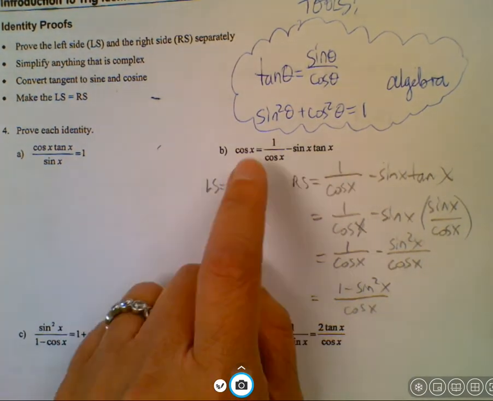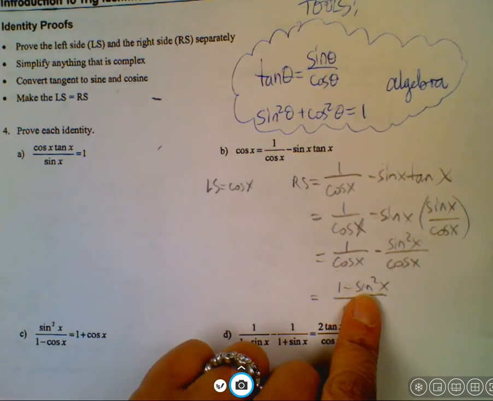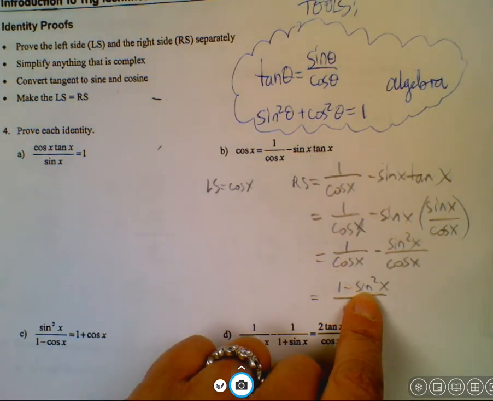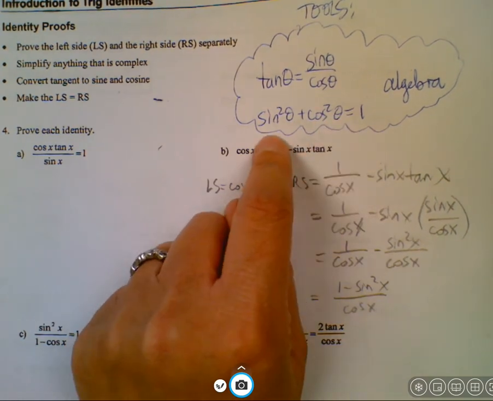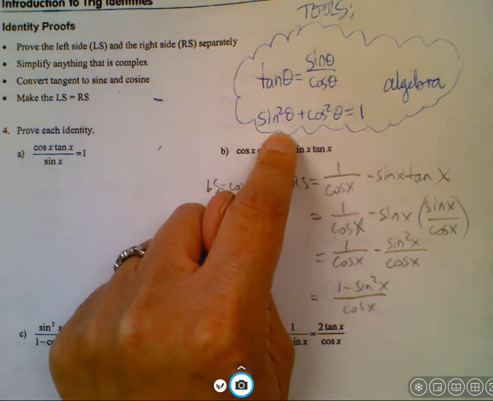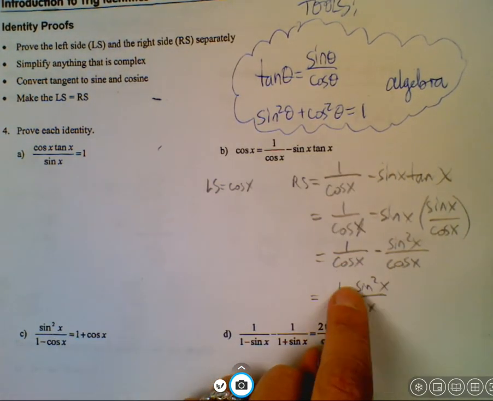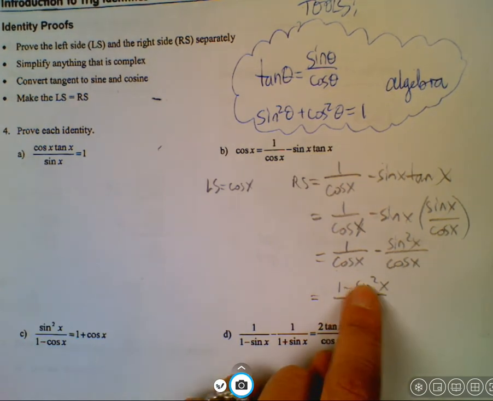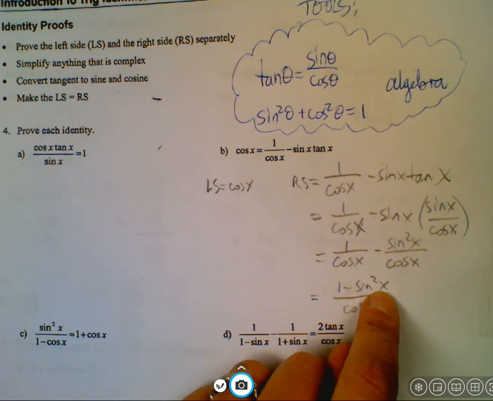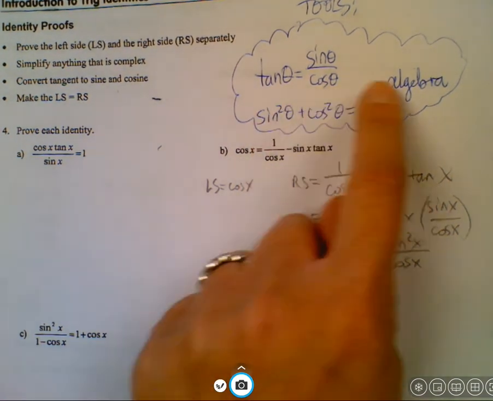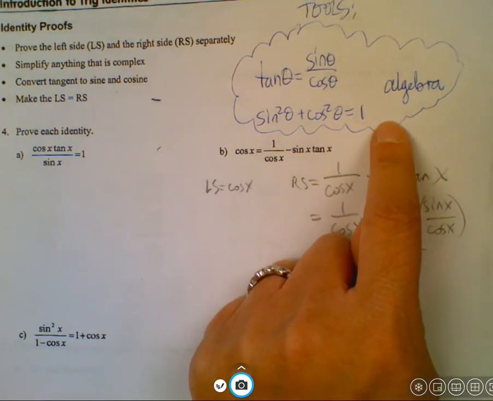So to be creative, I could say, you know, sine squared x is in this identity. There is a sine squared in this identity. And if I rearrange this identity, then I could get a different form of the top. So 1 minus sine squared x is what you get when you move sine squared x to the right.